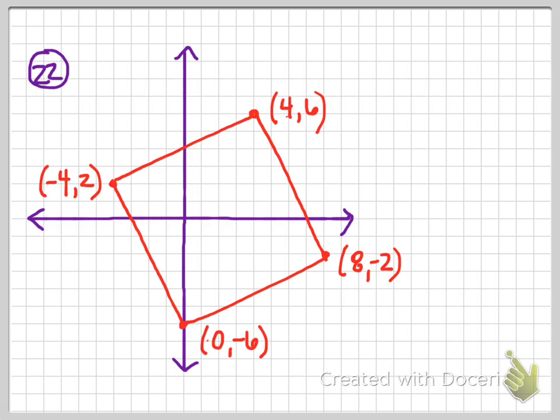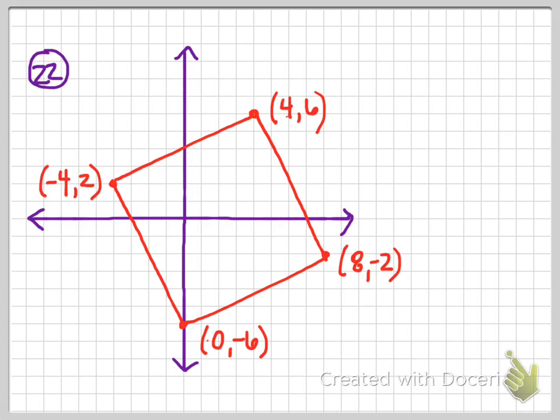If I look at the test for rectangle and rhombus, there's a rhombus test. There's one that says if the diagonals of a quadrilateral are perpendicular bisectors, then it's a rhombus. I don't have to prove first that it's a parallelogram. So I'm going to go ahead and first try to prove that it's a rhombus, and then I'll try to figure out how to prove that it's a rectangle.